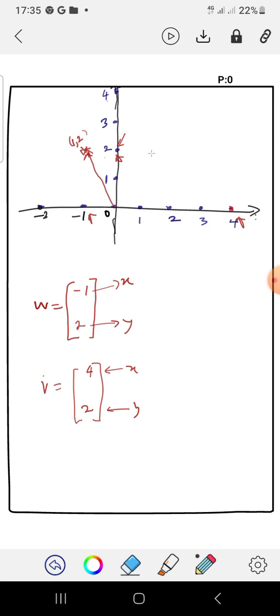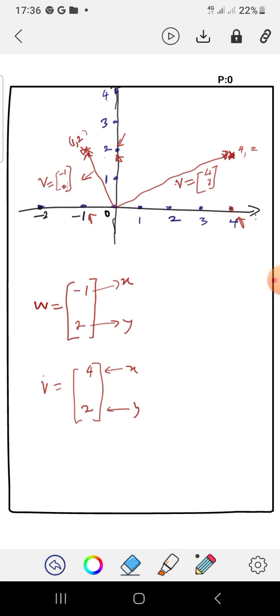So both of them are going to intersect at around this point. So that point is the point 4, 2. I'm going to tell you the implication of all this later. So that is the vector V equals 4, 2, whereas this one is omega equals -1, 2.